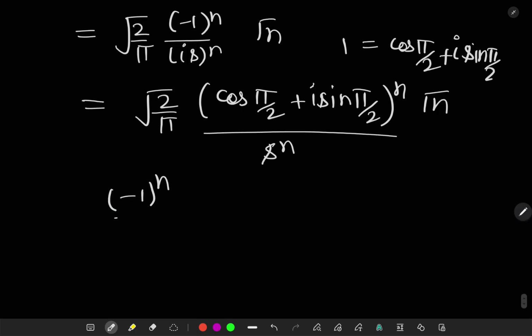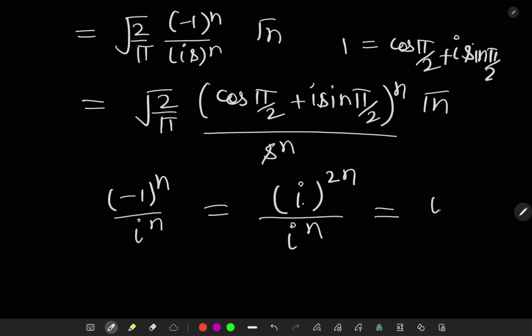Here this equals to this, we can write this term as minus iota raised to power 2n. If we square this iota, it becomes minus 1, divided by iota raised to power n, and these are the same terms, so this becomes iota raised to power n.